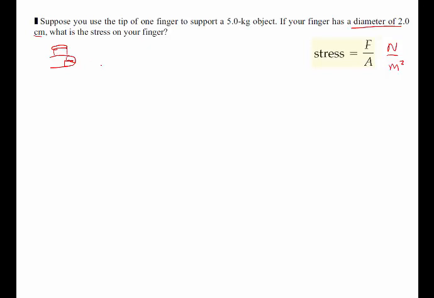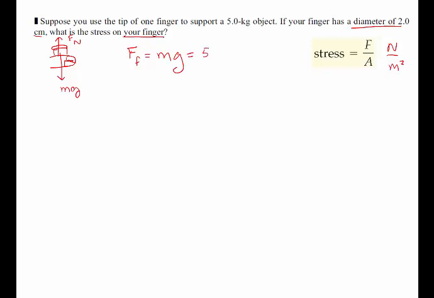So here is our object sitting on our finger. There is a force acting on our finger, that happens to be the weight. And then our finger has a force back on our object, which happens to be the normal force. So the force acting on our finger, because that's what we're interested in, is the weight of my object.